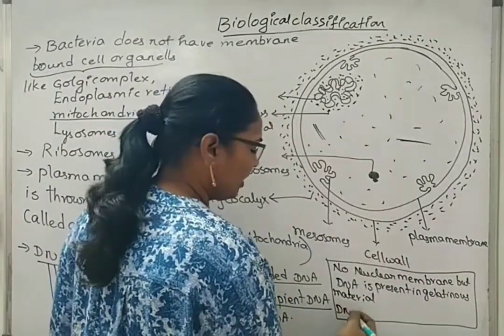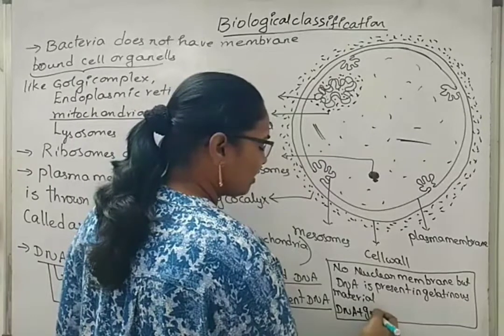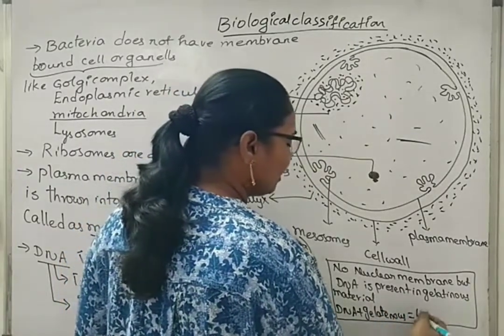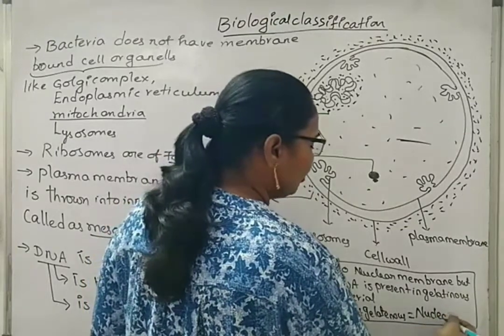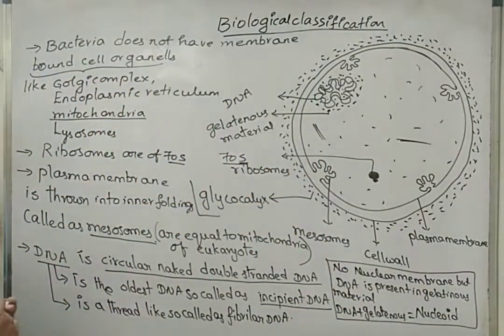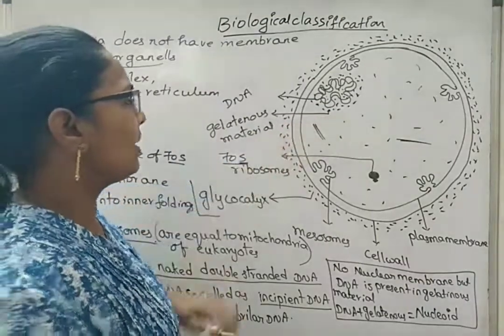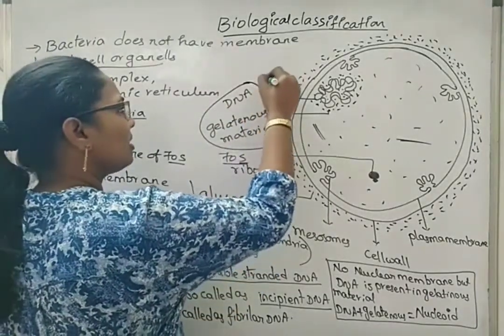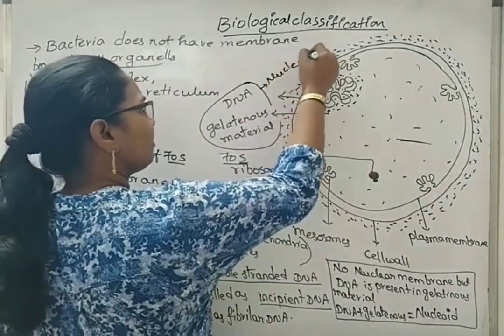Now, we will give a name for that. DNA plus the gelatinous or mucousy material around it is together called the nucleoid.